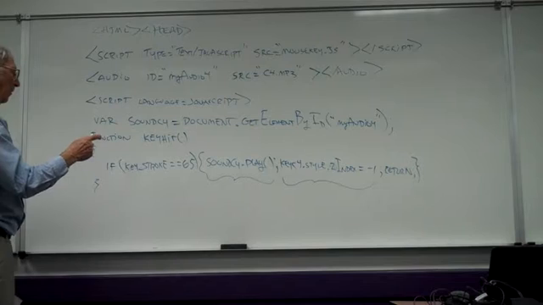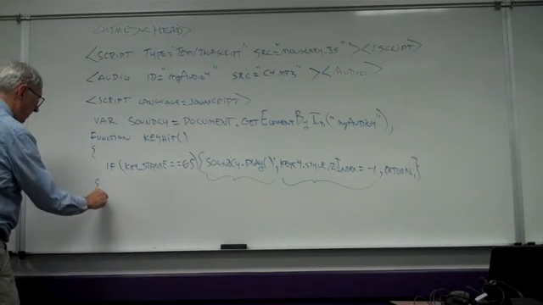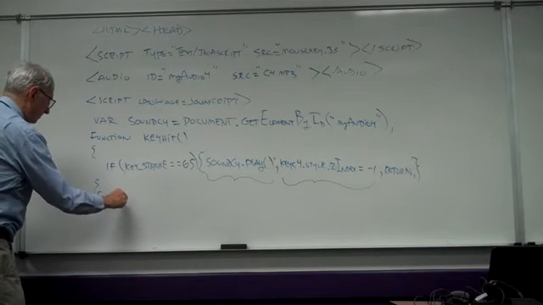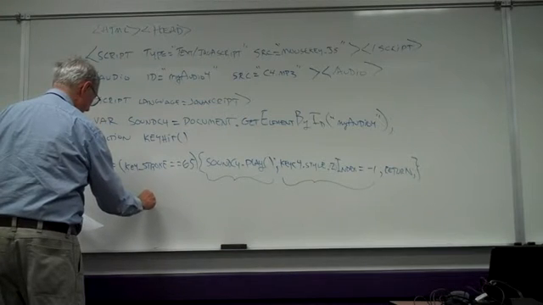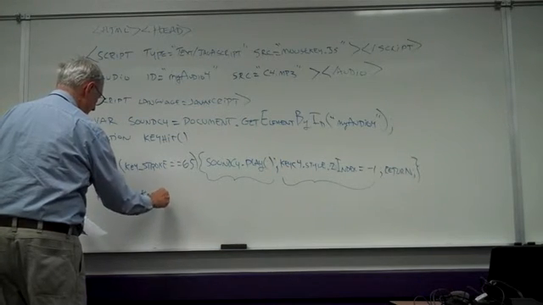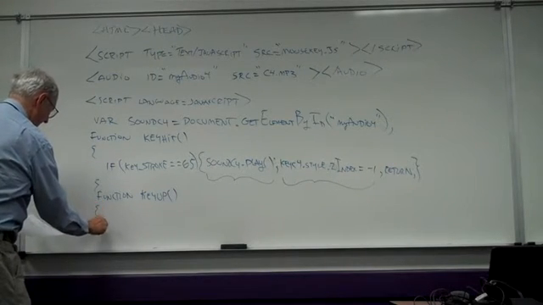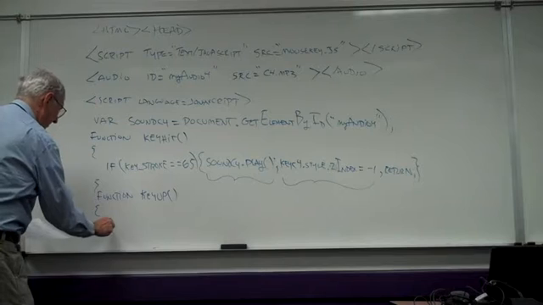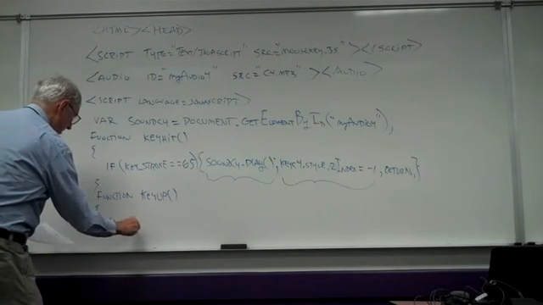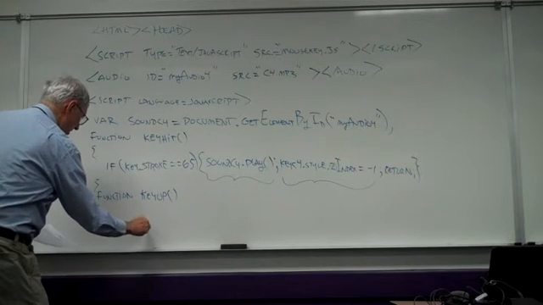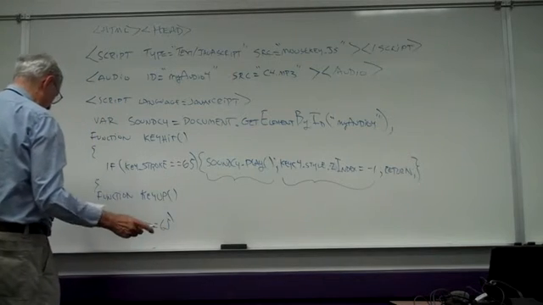Now, next thing is, what happens when you let go of the key? Well, you need a different function right here. And I've called that one key up, which makes perfect sense. Key up. And right here, you say, if the same key, the keystroke, the one you just let go of, equals 65, again, it's the same key.